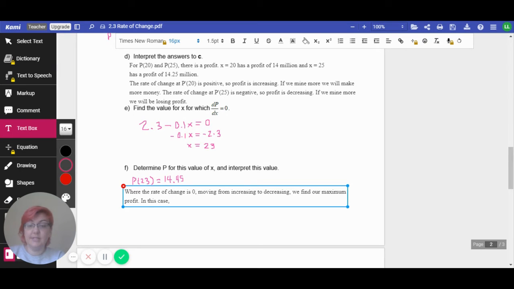In this case, max profit is $14.45 million from mining 23,000 tons.